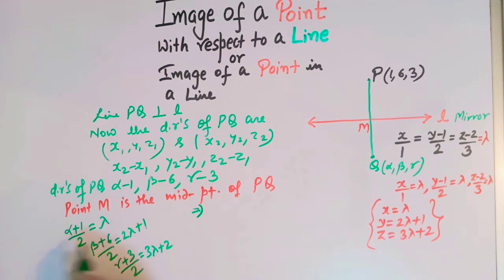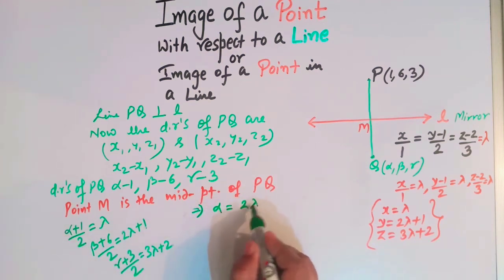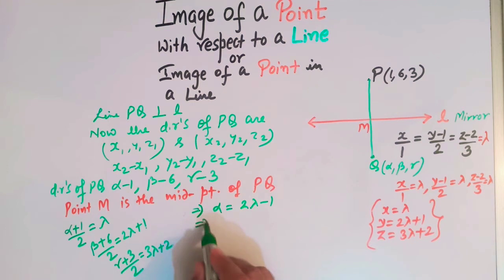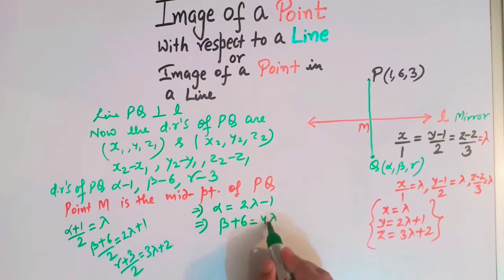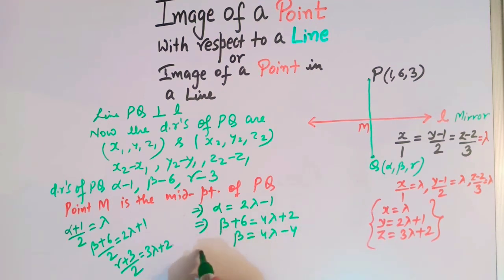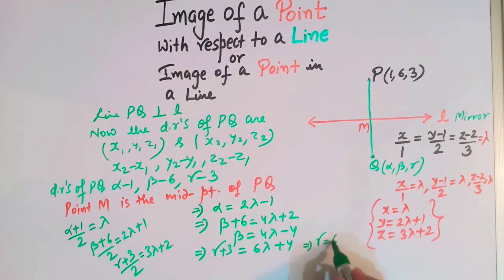So we get from here alpha is equal to 2 lambda minus 1, and beta plus 6 is equal to 4 lambda plus 2, which implies beta is equal to 4 lambda minus 4, and from here gamma plus 3 is equal to 6 lambda plus 4, and this implies gamma is 6 lambda plus 1, right?